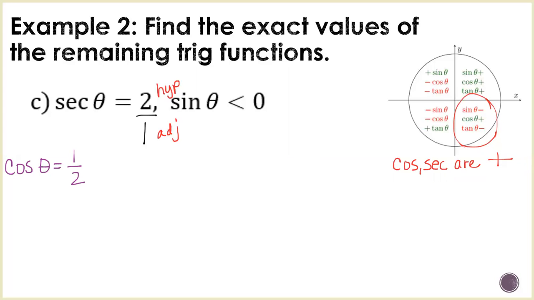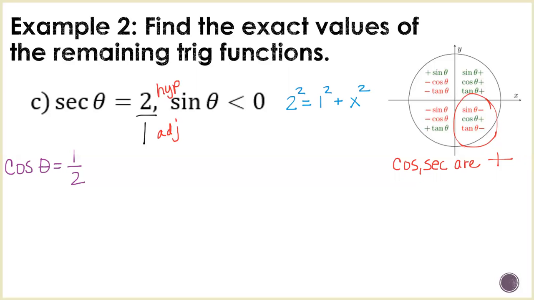So we need to do Pythagorean theorem. My hypotenuse is 2, so the hypotenuse is c. And that's going to equal my adjacent side plus, I don't like to use an O because an O looks like a 0. So I'm going to use x. But I'm solving for opposite.